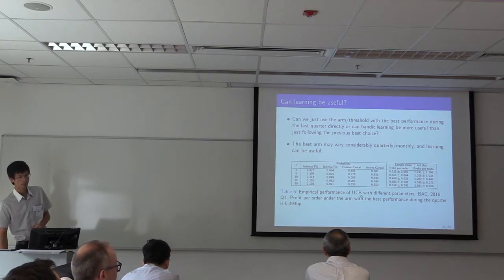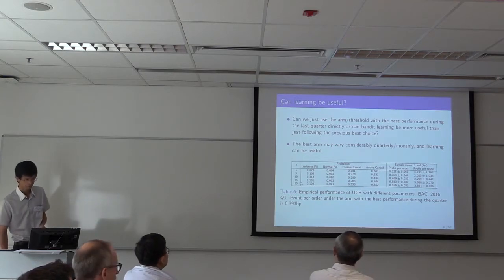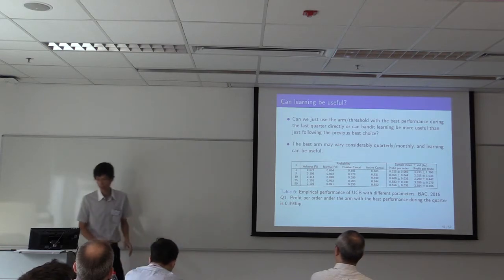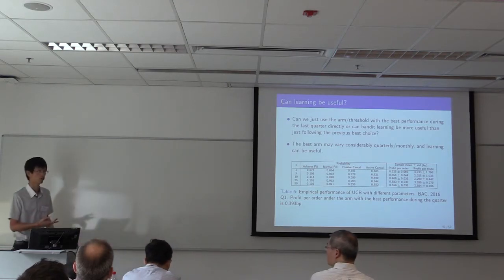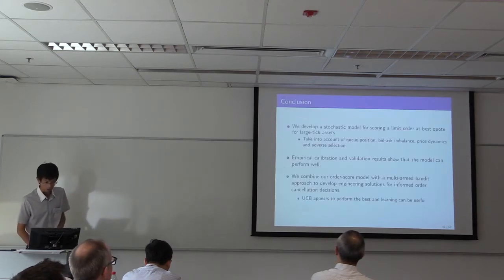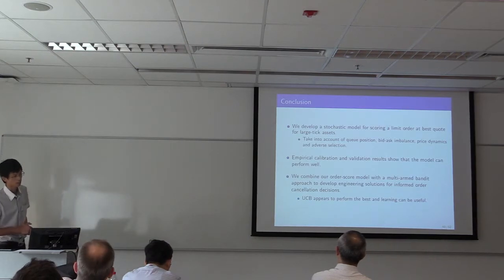But if you apply UCB, in general, you can do better if you select these parameters appropriately. So the main message I want to convey in this table is that learning can be useful in this particular setup.